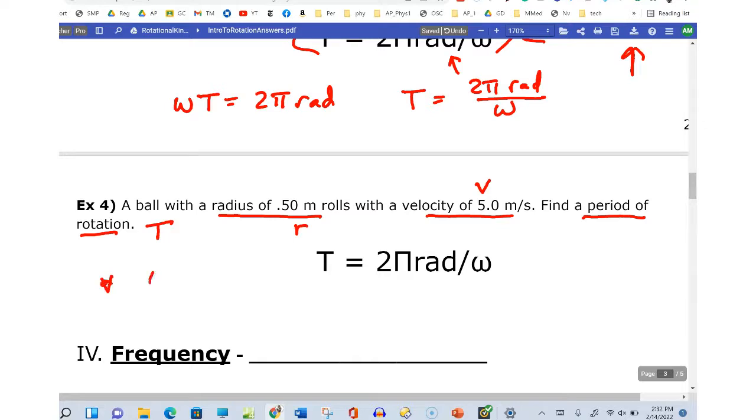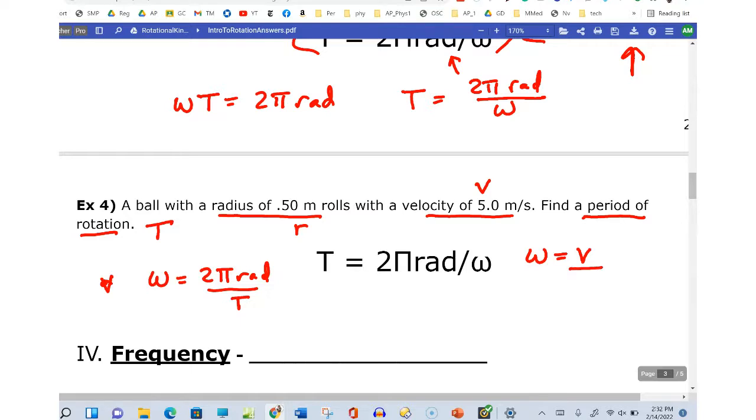I'll start with this. I do 2 pi radians in one period, but now I have a problem. I don't have angular velocity, but maybe I can use my brand new formula to get it.